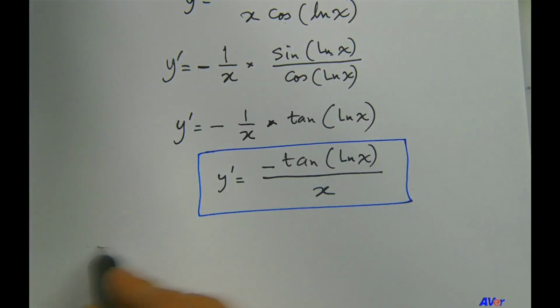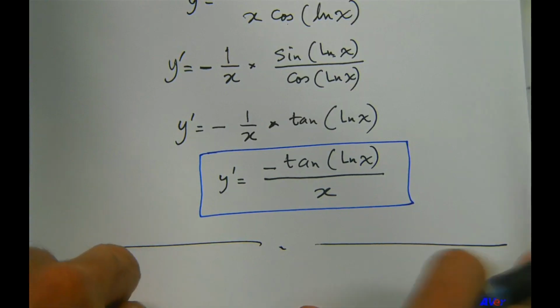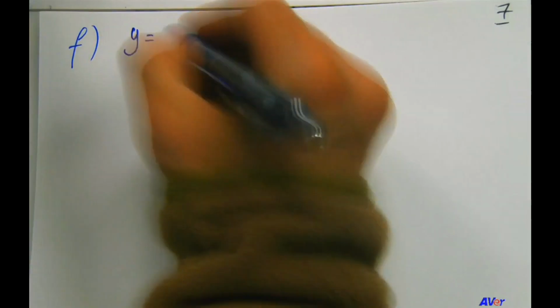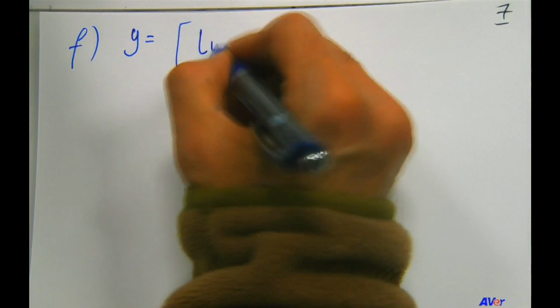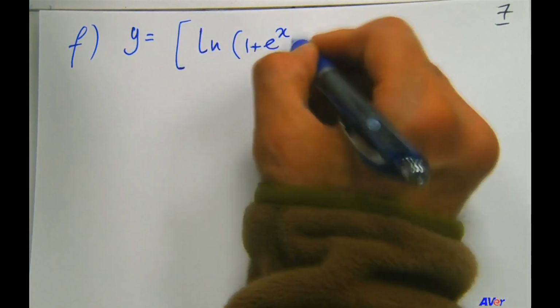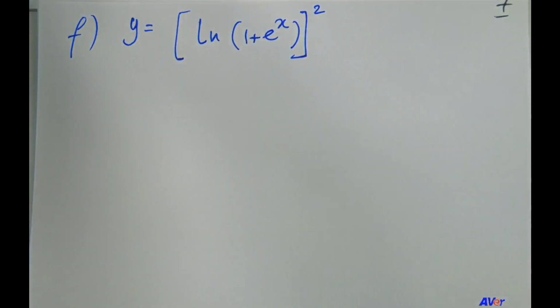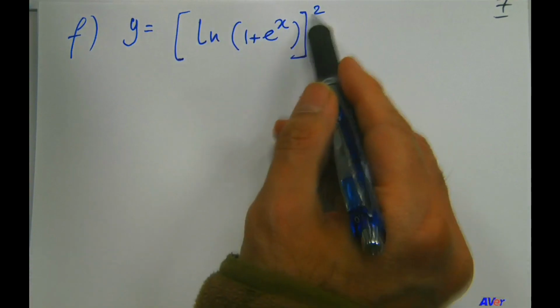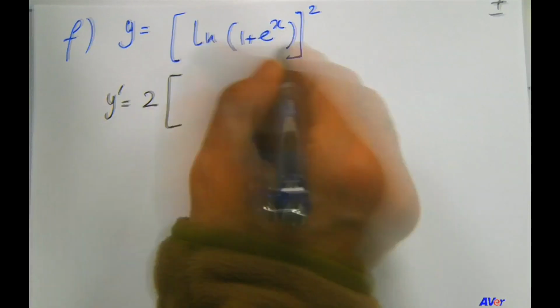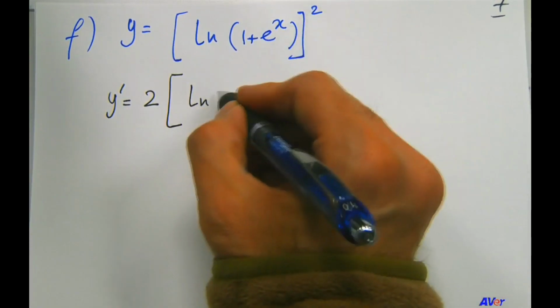All right, so let's do another example. Suppose we want to find the derivative of this expression, natural log of 1 plus e to the x, squared. All right, so we can apply the power rule here, bring this 2 in front, so y prime is equal to 2 multiplied by all of that and reduce the power by 1.